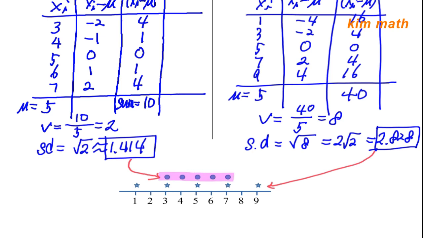This is a narrowly dispersed data set, and this is a widely dispersed data set. Okay? So from that value we can guess: when your standard deviation is 1.4 something, this is narrowly dispersed. When your standard deviation is 2.8, by comparison of these two numbers, we may have much wider dispersion. Okay?